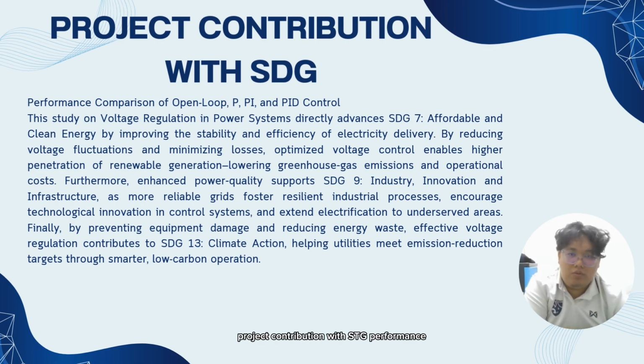Project contribution with SDG, performance comparison of open loop, P, PI and PID control. This study on voltage regulation in power systems directly advances SDG 7, affordable and clean energy, by improving the stability and efficiency of electricity delivery by reducing voltage fluctuations and minimizing losses.